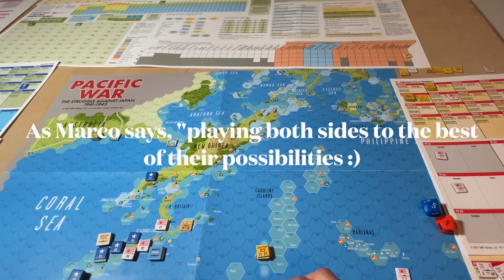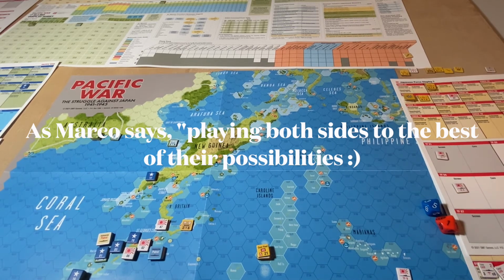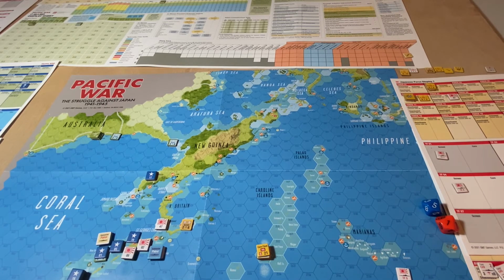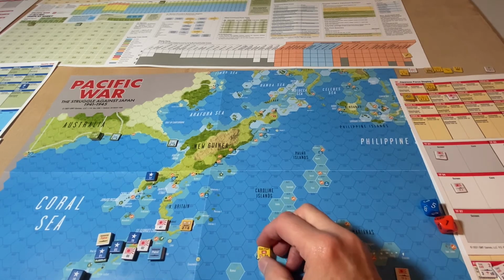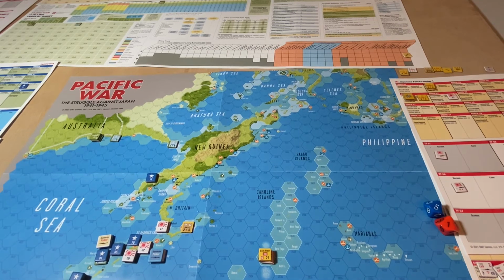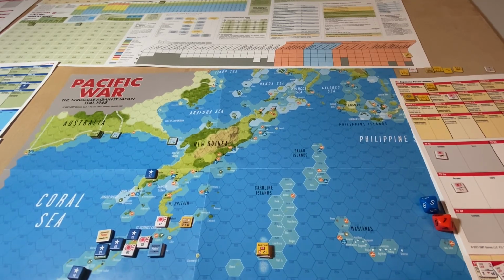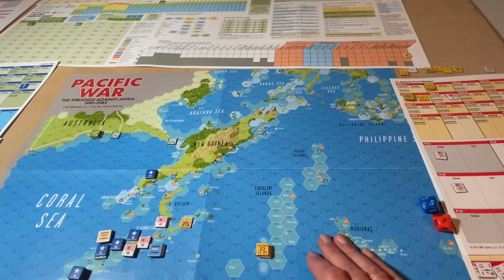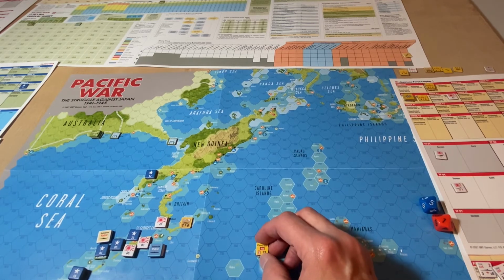But there's so much planning involved with both sides once you get into a campaign scenario that I think it's a lot more difficult for a solo player to take the time and remember to do the planning for both sides as equally as they can. I'm not saying that it can't be done. I'm just saying it's more difficult as a solo player.